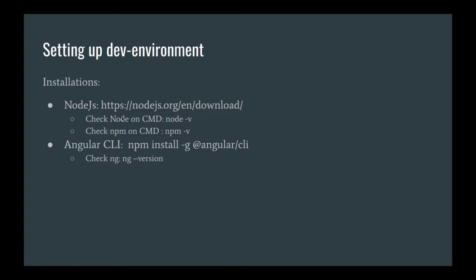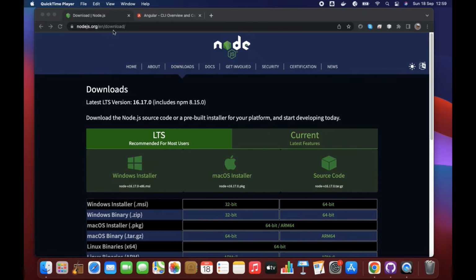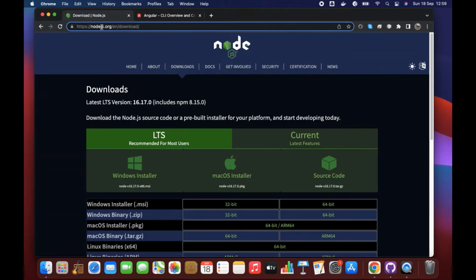You're going to see how we'll use Node.js and how it's going to come in handy in the entire development process. To do that, you just need to go to the Node.js download page, which is on this URL, nodejs.org.